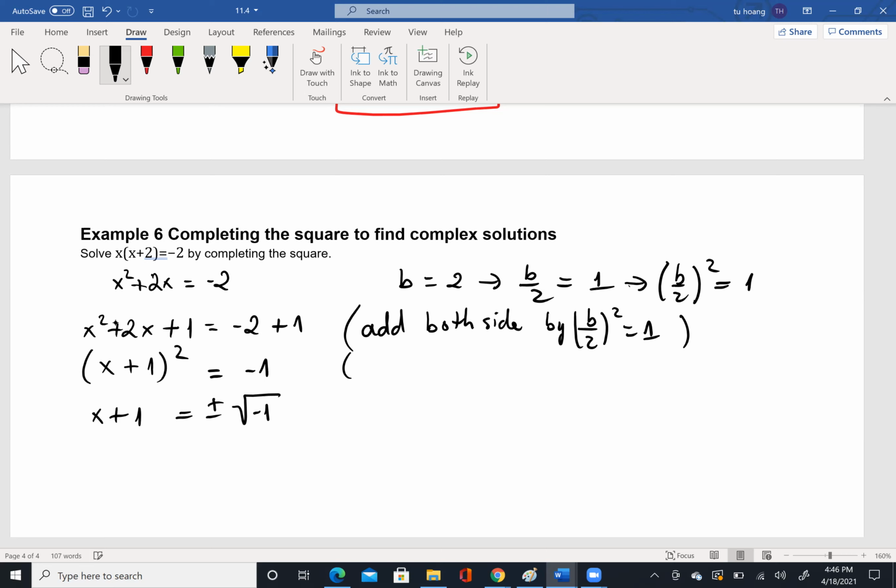So in here I say that for this step it is the perfect square trinomial, and this one is the square root property.